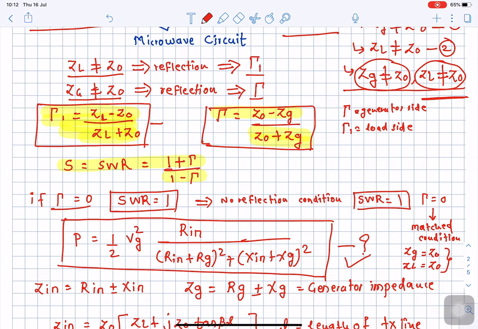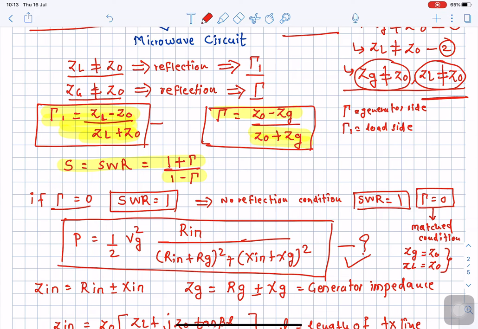The impedance matching network will always ensure that the impedances are matched on both ends of the transmission line, and that's why they will ensure that gamma becomes 0, which will give us standing wave ratio equal to 1, and it ensures that whatever we feed, that fed signal will only travel in the forward direction, that is the incident wave, and nothing will get reflected back.